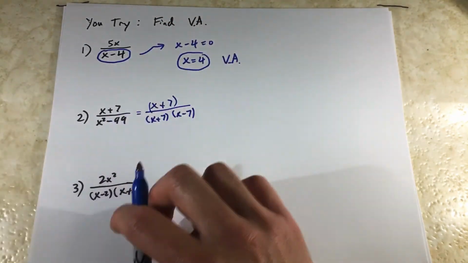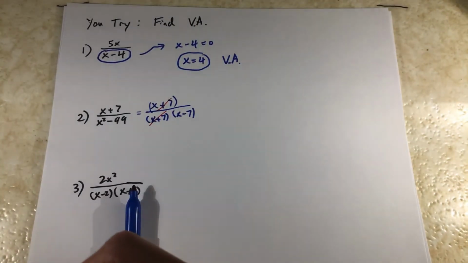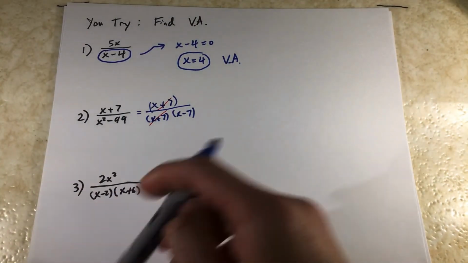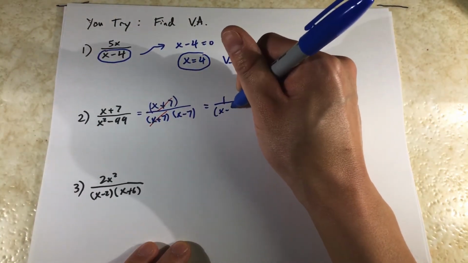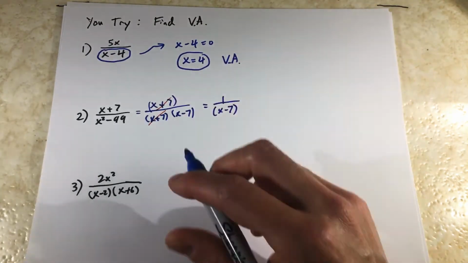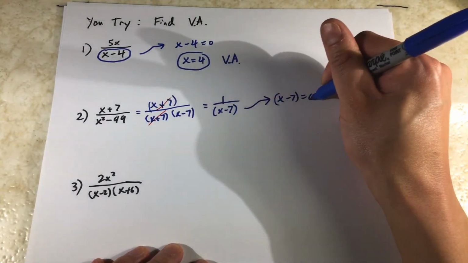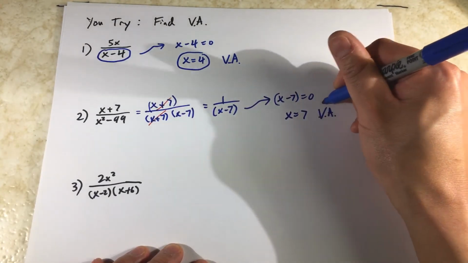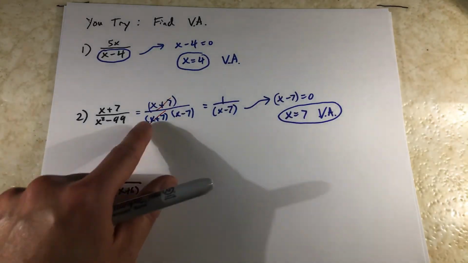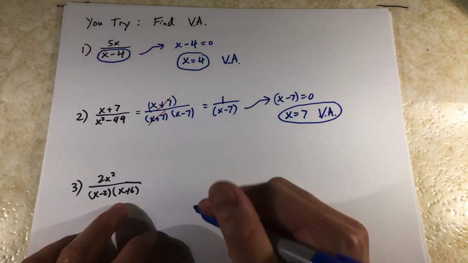And what I find is that I can cancel out this x plus 7, and this simplifies to x minus 7. Then I set that equal to 0, and I get x equals 7 as my vertical asymptote. x equals negative 7 is not a vertical asymptote. So remember, keep track of that. Look for that trick on the homework.